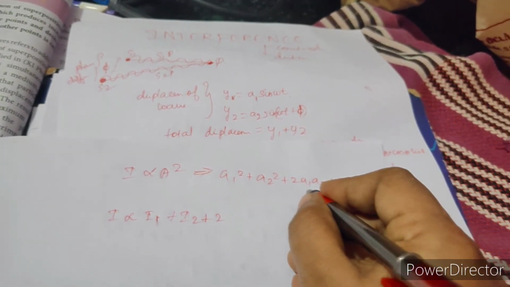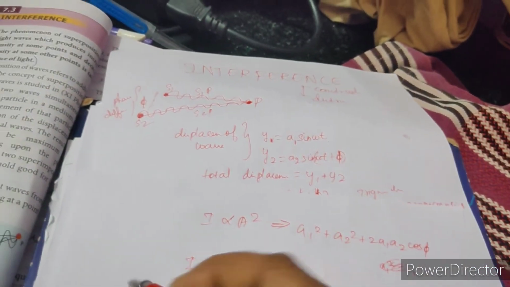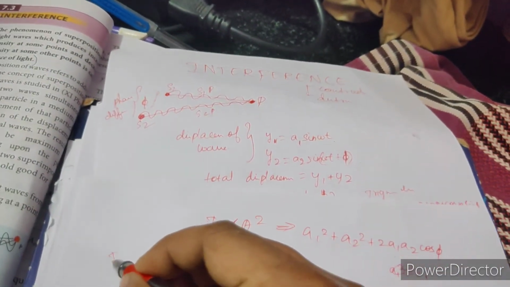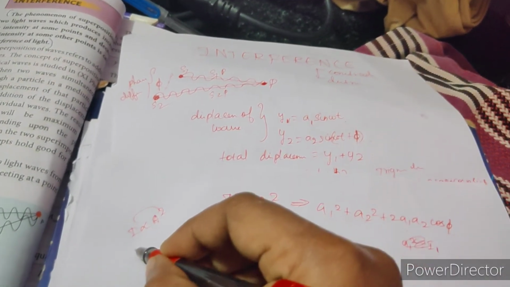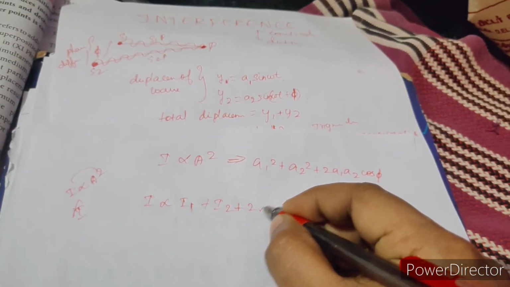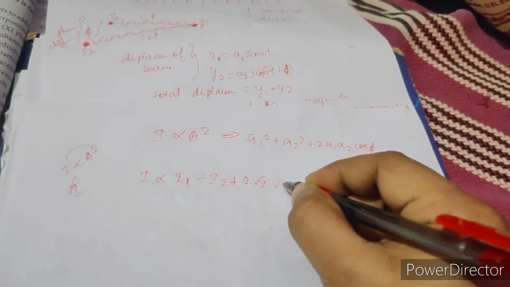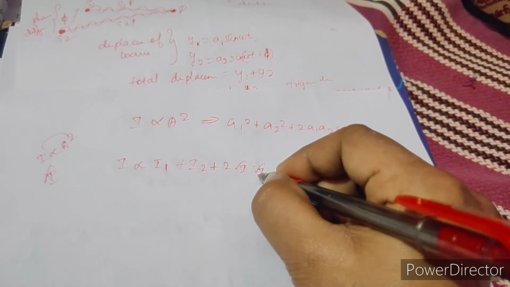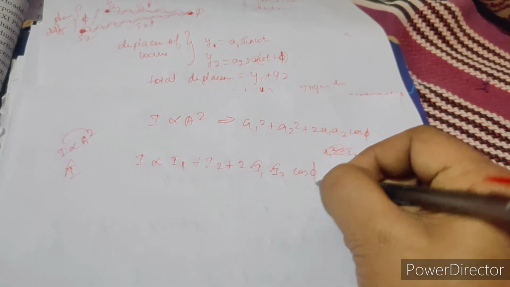So A1 means it's nothing but I only, because I have the formula directly proportional to a square. So when this root comes this side, I will get root I. So here 2 root I1, I2 and the remaining cos phi will come.